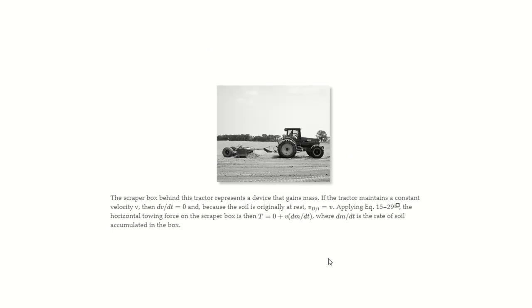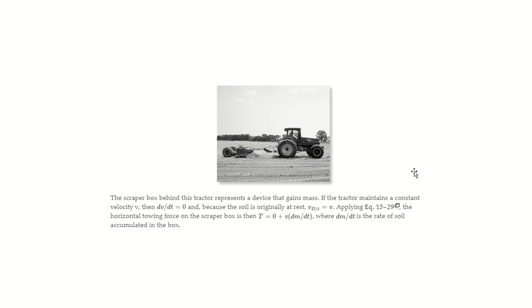All right, this is a scraper box, behind your tractor right there. It's just showing you the device that gains the mass, because look at this, you're taking this flow into that structure. So the tractor is going to maintain a constant velocity because it is providing force, with a change in velocity within that little time.